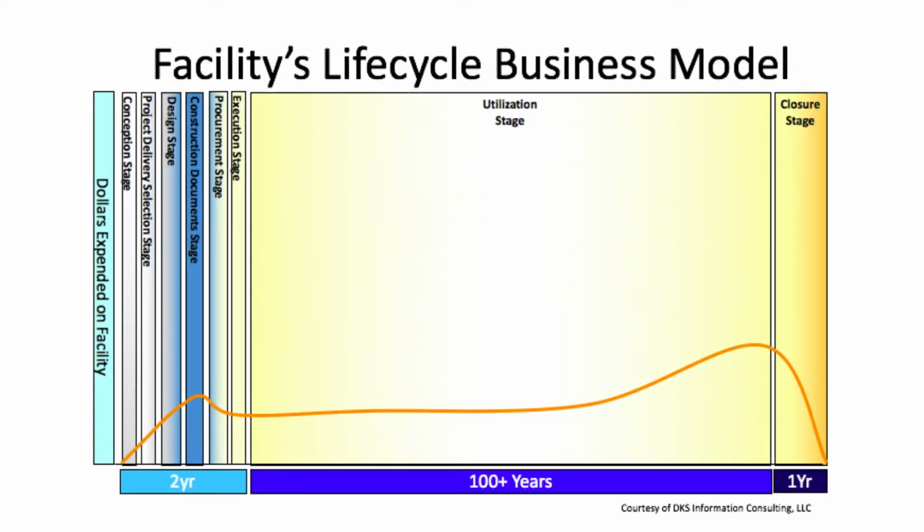From the facilities lifecycle business model as shown here, we can easily see that most life of a facility is in its utilization stage. In the utilization stage, if we like to have sustainable good quality service from the facility throughout its design life, we need to do well on management of the facility's operation and maintenance.